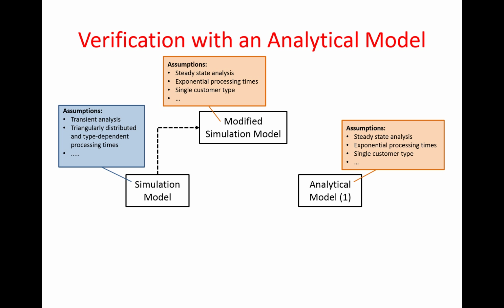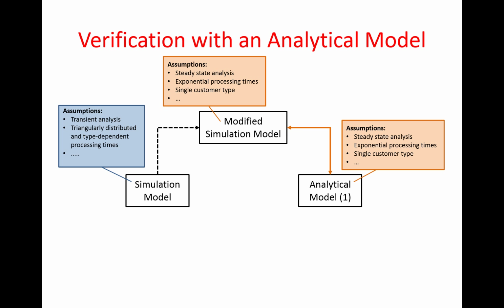We changed all the processing times to exponential, and we got rid of multiple entity types, so all entities in our simulation model are treated exactly the same on the oven. So now that we have a simulation model that corresponds to our analytical model, we can use our analytical model to verify the modified simulation model.